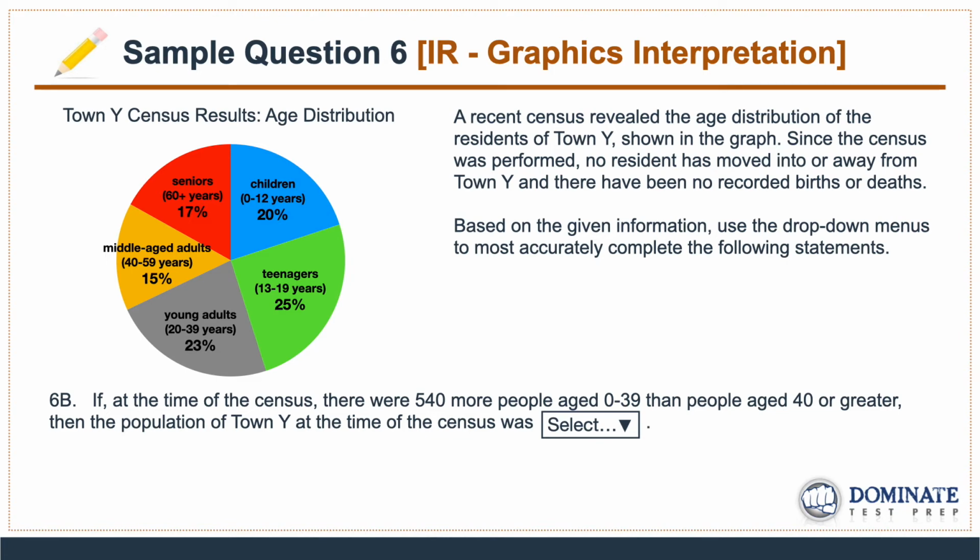If at the time of the census there were 540 more people aged 0 to 39 than people aged 40 or greater, and so on. And then you have this drop-down menu. So it is multiple choice, but from a drop-down menu. If you click that little down arrow, up come your possible answer choices, and you would select one of those four possible answer choices, one of which is correct. And obviously it would have to be correct to get this question right.